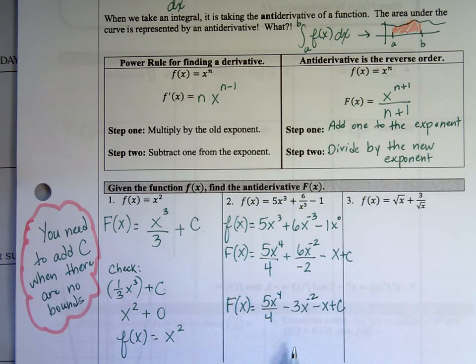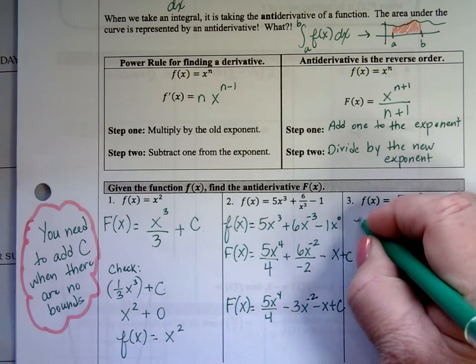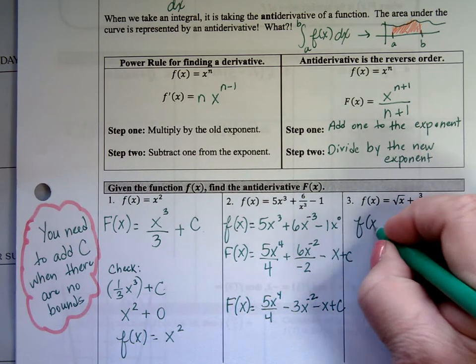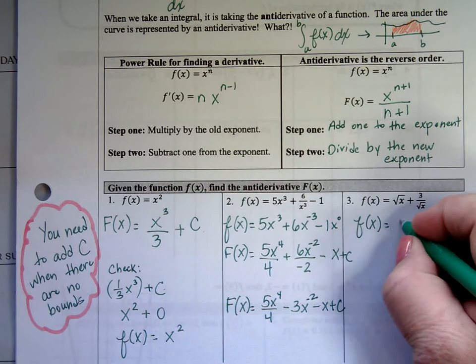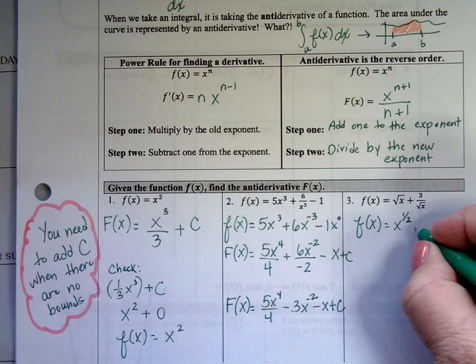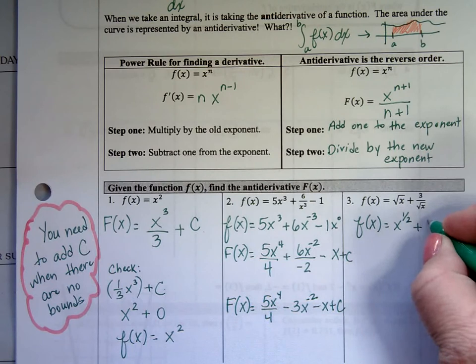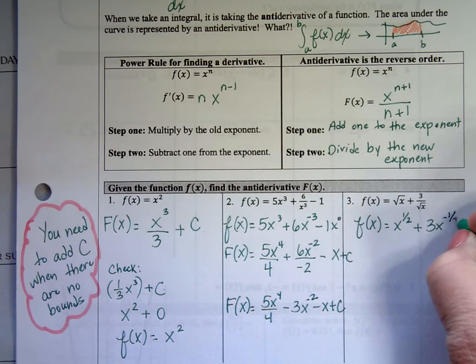All right, going to do the same thing with number 3, except I want to pretty it up to be able to antiderivative it. So I'm going to make the square root as a power of 1/2 and make the other square root a power of negative 1/2.